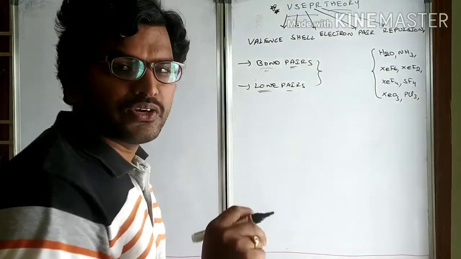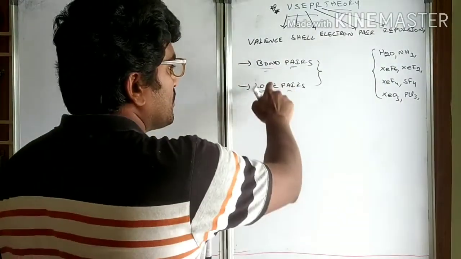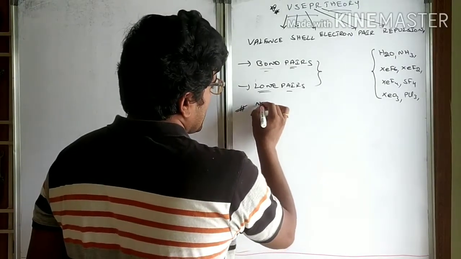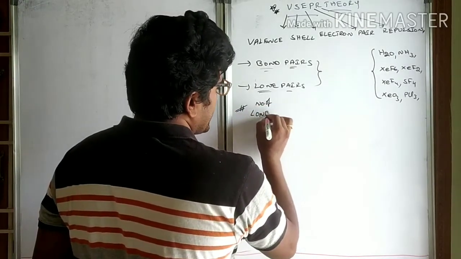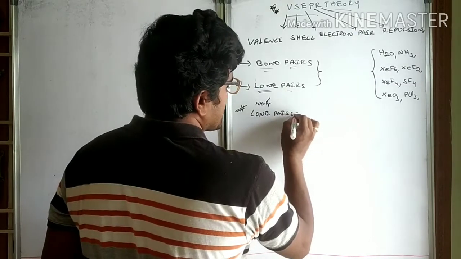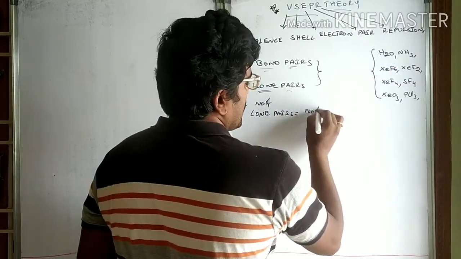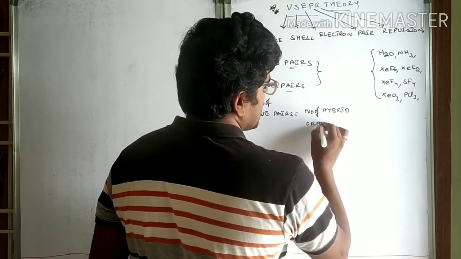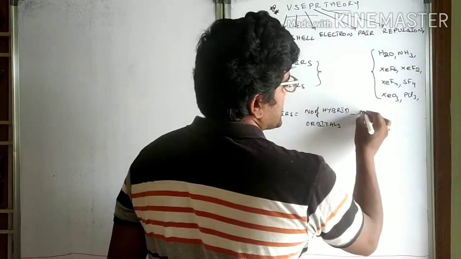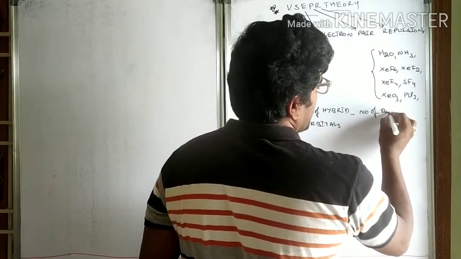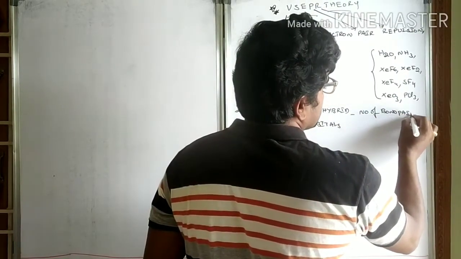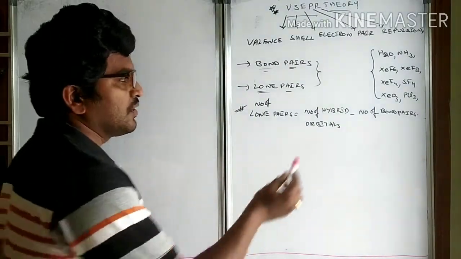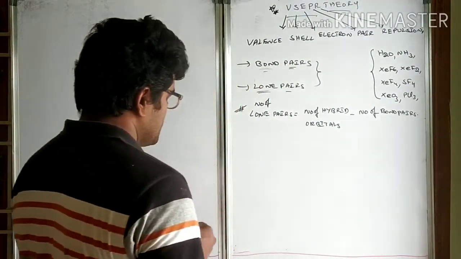In my previous video, I explained how to identify them. Looking at the formulas, number of lone pairs is equal to number of hybrid orbitals minus number of bond pairs.